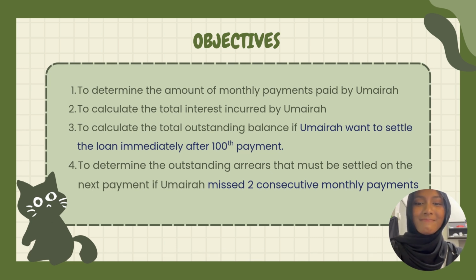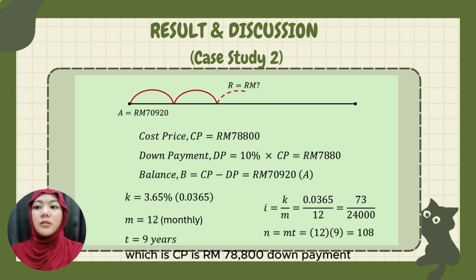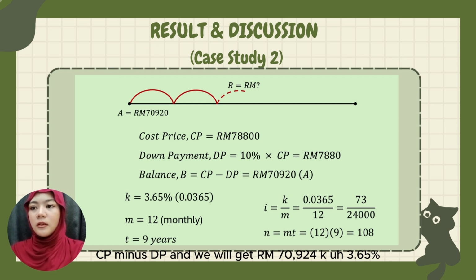So for result and discussion, for cost price, which is CP, is RM 78,800. Down payment, which is TP, 10% multiply CP, and we will get RM 7,880. For balance B, CP minus TP, and we will get RM 70,920. For K, 3.65%, we divide by 100 and we will get 0.0365.